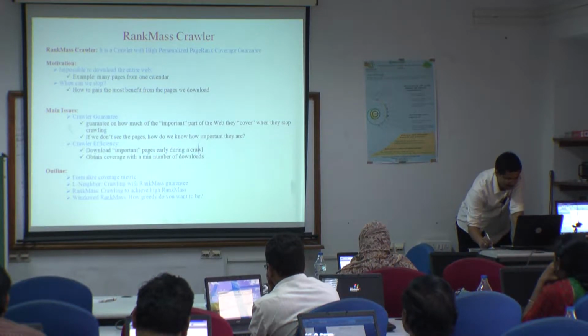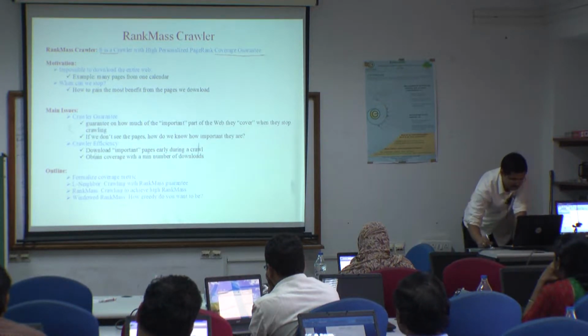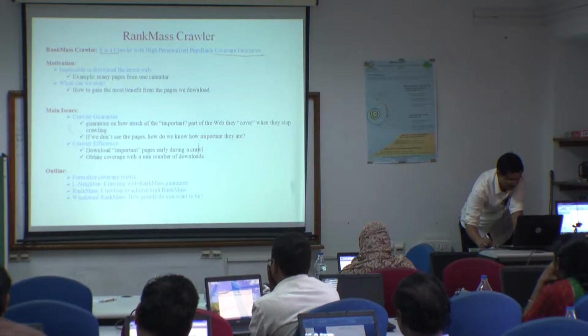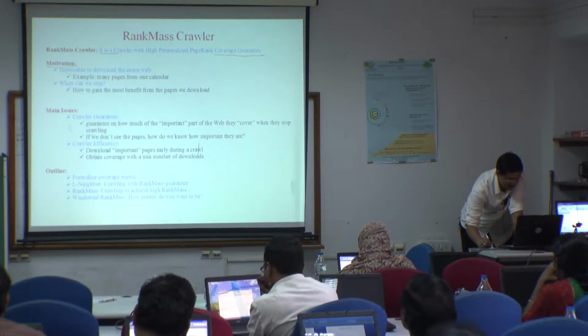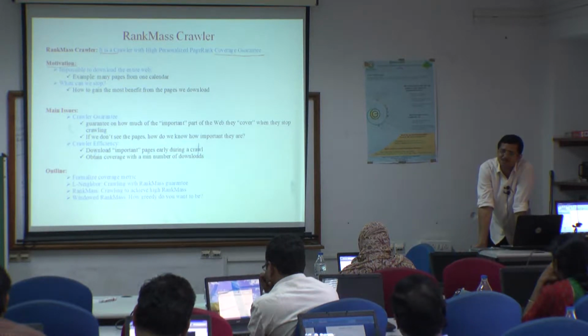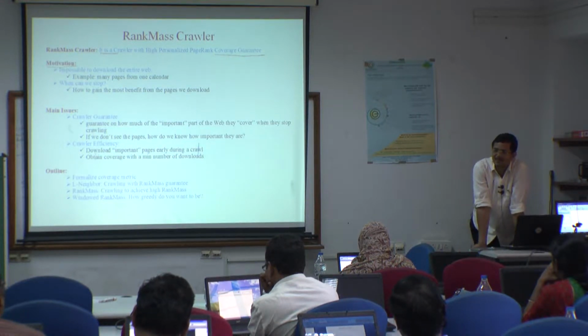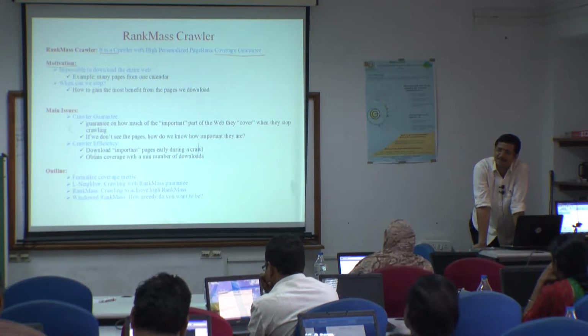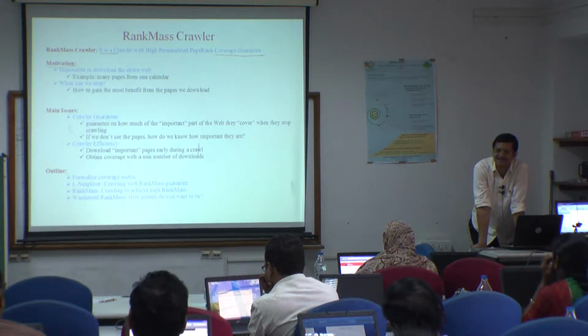The rank mass crawler is a crawler with a high personalized page rank coverage guarantee. The basic motivation behind its development: till now you have read that page rank is used to rank web pages, but this time a page rank based feature is used to develop the crawler.